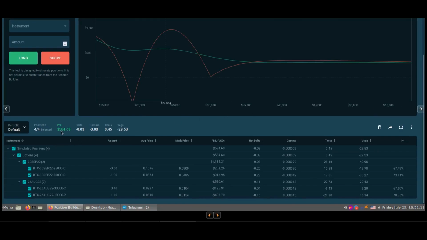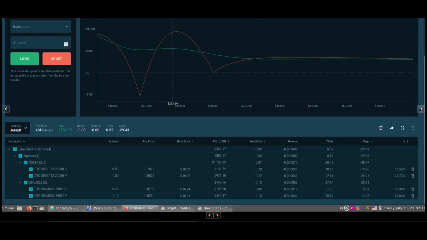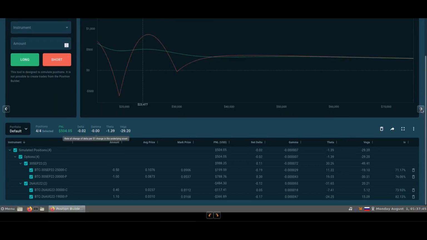Take a look. $584, 29th, 6 p.m., almost 7 p.m. Volatility is the lowest of the low. We have Vega, great, working for us.